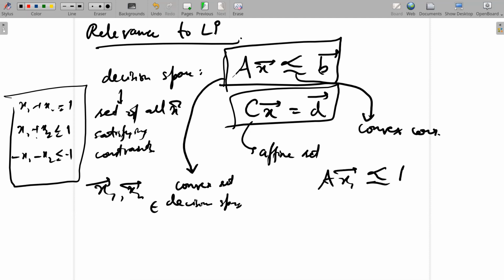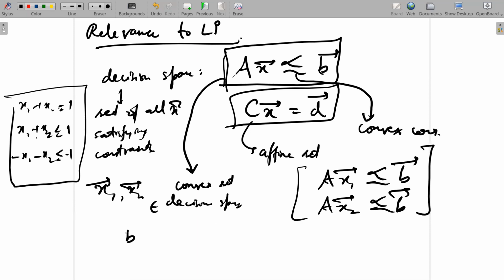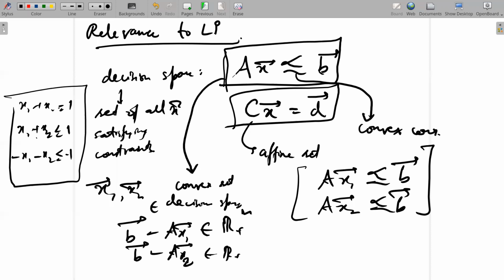Ax1 is less than b, Ax2 is also less than b. If you infer what this statement means, this means b minus Ax1 belongs to R plus to the n, right? That is what we mean by this inequality. And b minus Ax2 also belongs to R plus to the n.